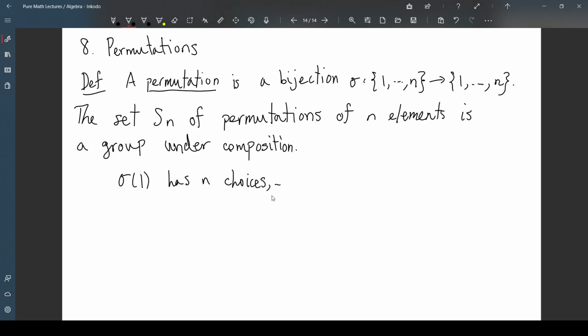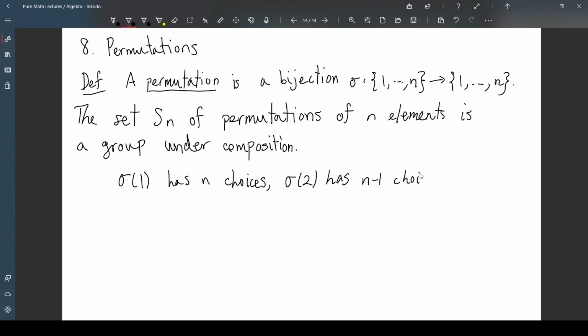Now notice that sigma of 1 can't equal some other sigma of j, right? Because then you wouldn't have a bijection. So everything has to be mapped to some unique number, right? So we have n choices for sigma of 1, and then sigma of 2 has n minus 1 choices, right?